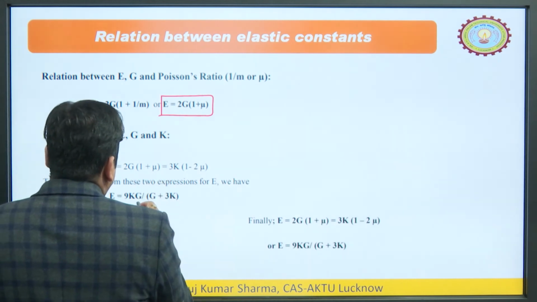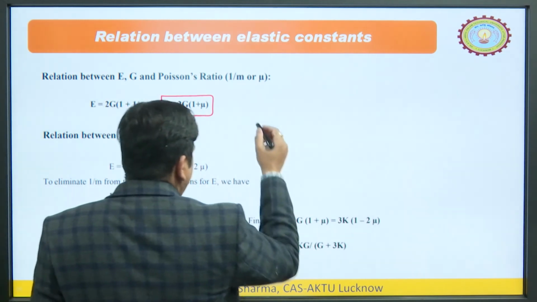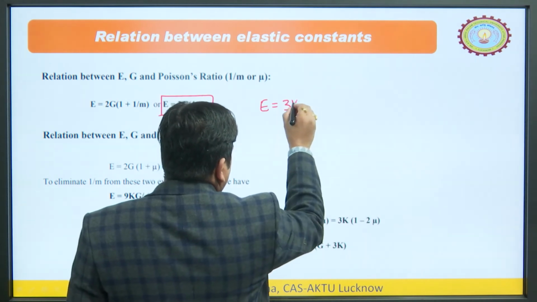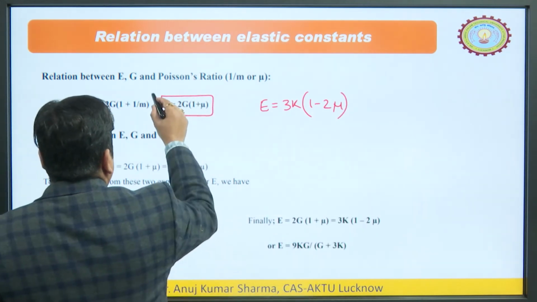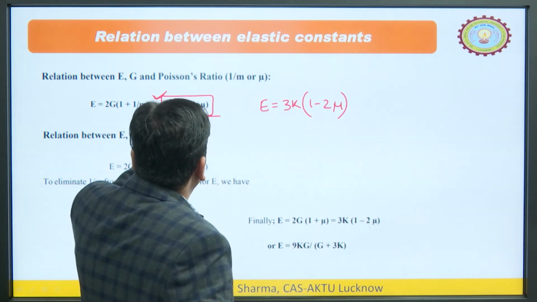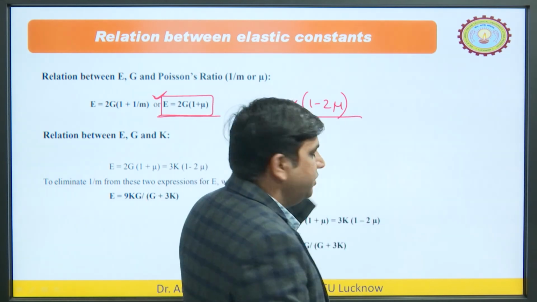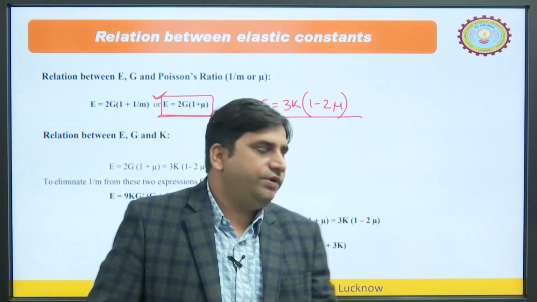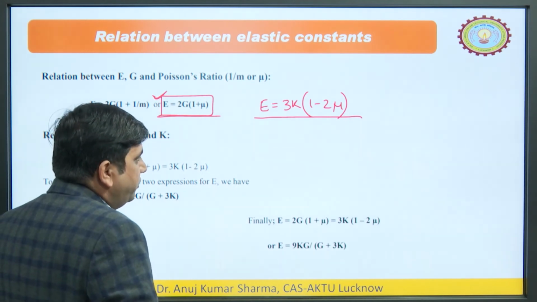Now, this is the relation with the help of the previous relations. One relation we got is E is equal to 3K(1 minus 2 mu). This is the relation between E, G and mu, and this is the relation between E, K and mu. So, these two relations we have. If we want a relation between G, K and E, we have to replace the mu.